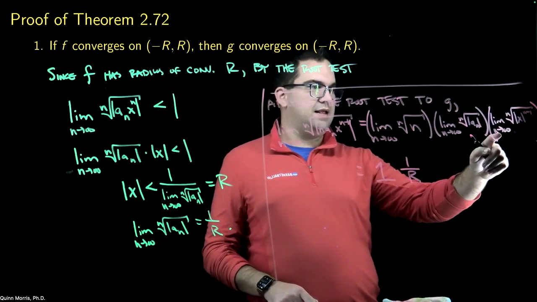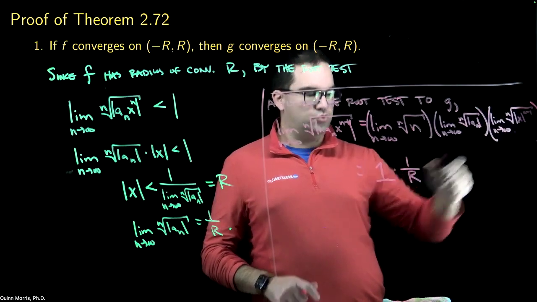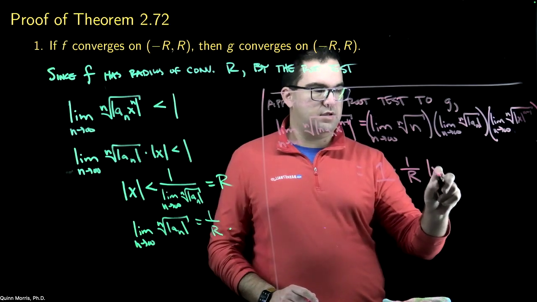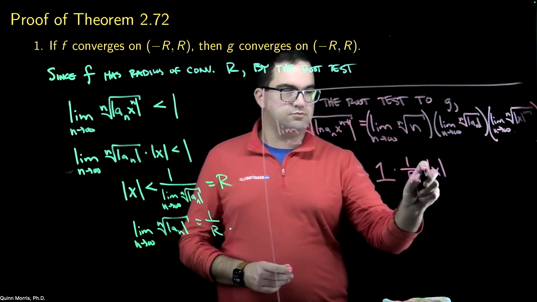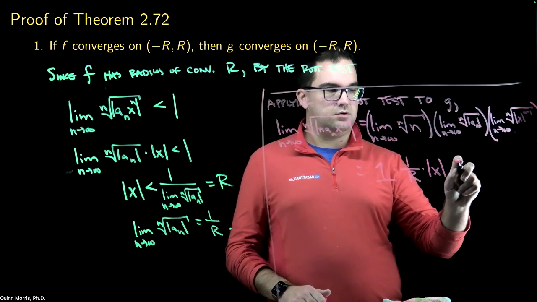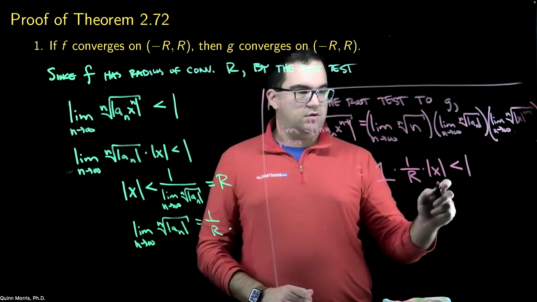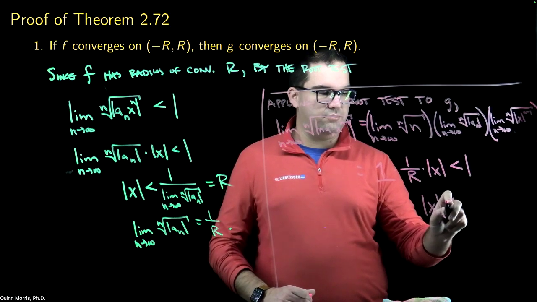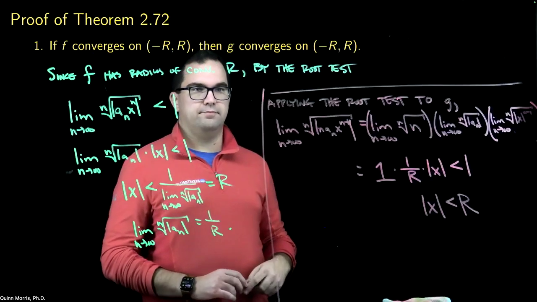This is going to become the limit as n goes to infinity of the absolute value of x to the n minus 1 over n. N minus 1 over n is going to go to 1 as n goes to infinity, so I'm just going to get this. And this will converge when this is less than 1, and this will be less than 1 when the absolute value of x, multiplying both sides by r, is less than r.